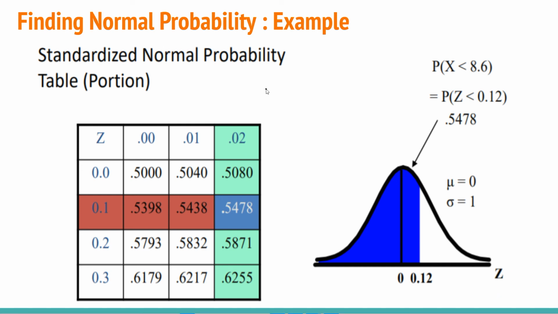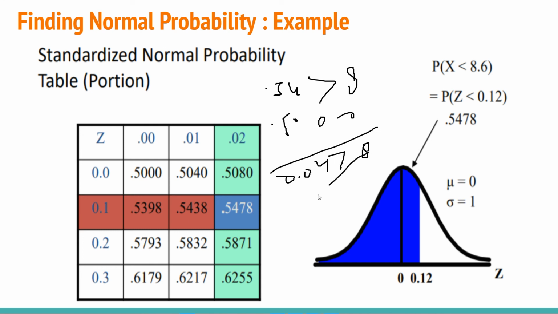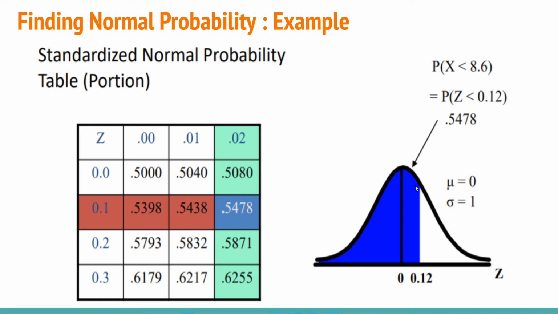It is given as 0.5478. The area is 0.0478 beyond 0.5, or we can say it is about 4% of the whole curve.